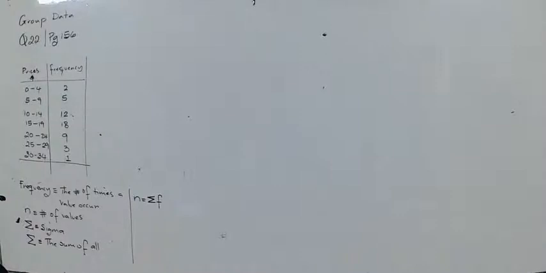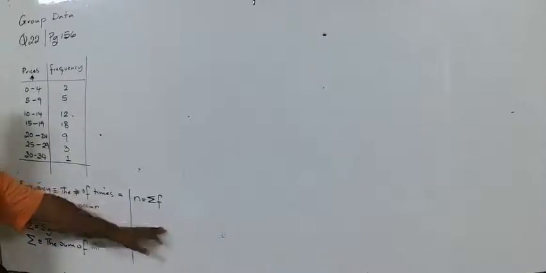In this question, 50 workers in a workplace were asked how much they pay for lunch. This table contains their answers. The first thing I want you to know in dealing with group data is that N is equal to the sum of the frequency.